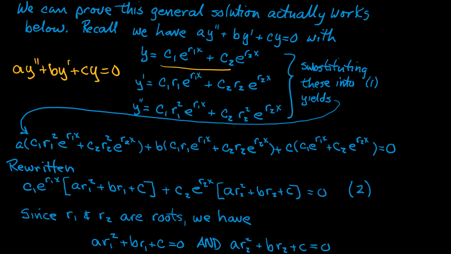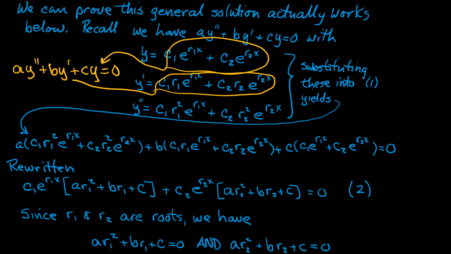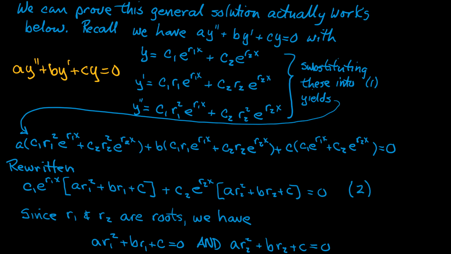This is going to go in for y, this is going to go in for y prime, and this is going to go in for y double prime. When we make each of those substitutions, we wind up with the equation that we have right here, with a little yellow star to the right of it.